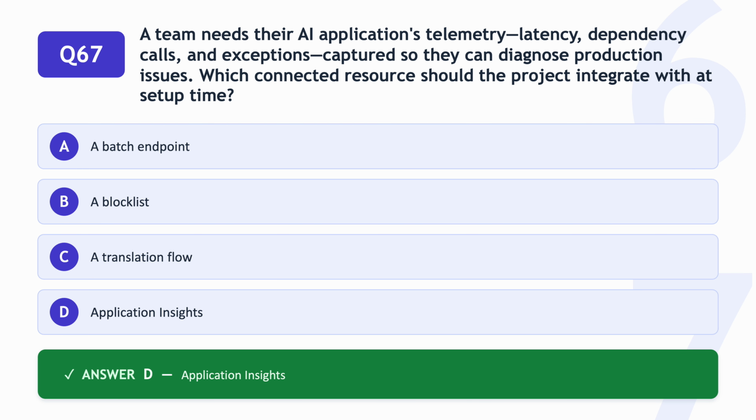It collects request performance and latency, dependency tracking, APIs, databases, external services, exceptions and failures, usage analytics, and distributed tracing. This helps teams troubleshoot production issues and understand application behavior. Application Insights is commonly integrated with AI applications and Azure services for end-to-end monitoring.